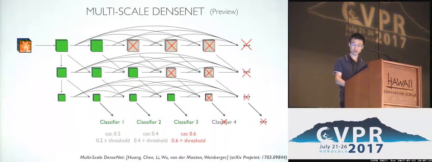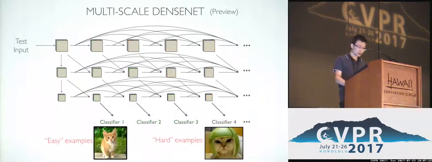For the rest of the features and classifiers, we can skip the computation. So during inference, we can exit easier images from earlier classifiers and only use expensive classifiers to evaluate hard examples.